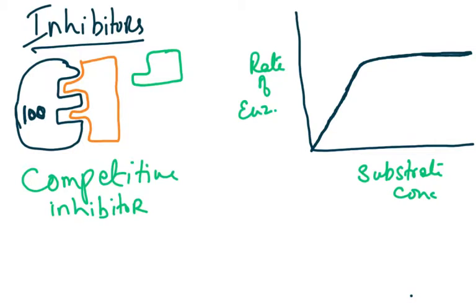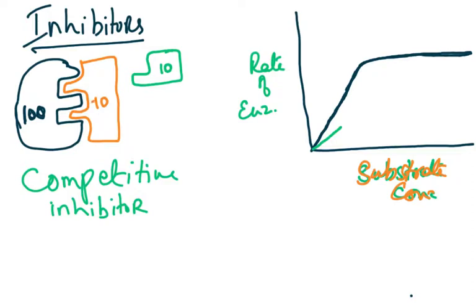But now look at the situation in which we have added 10 substrate, and we've also added 10 of an inhibitor, which is a competitive inhibitor. So the rate is going to slow down. Now when the rate is going to slow down, but slowly, what are we increasing? We are increasing the substrate concentration.